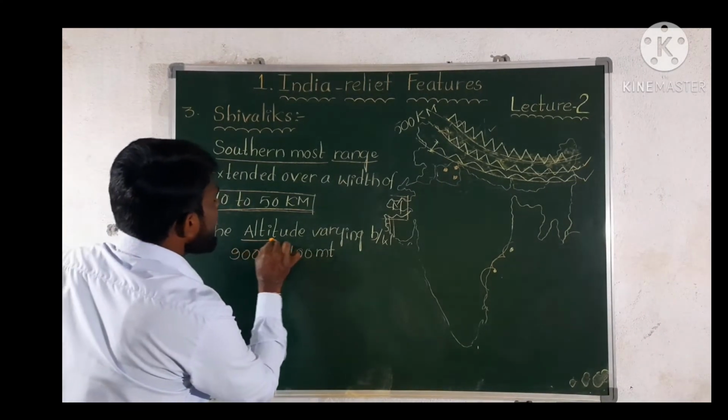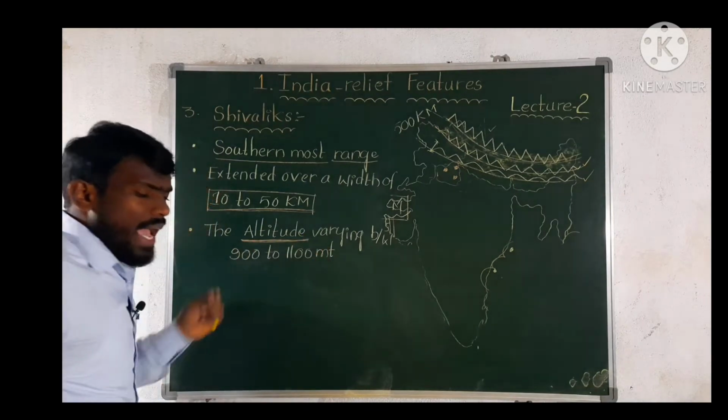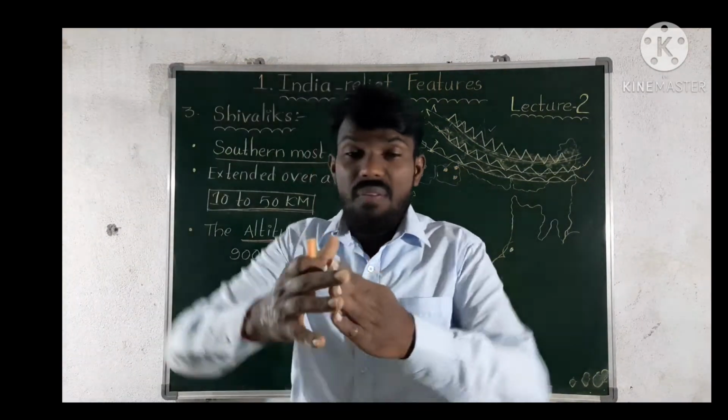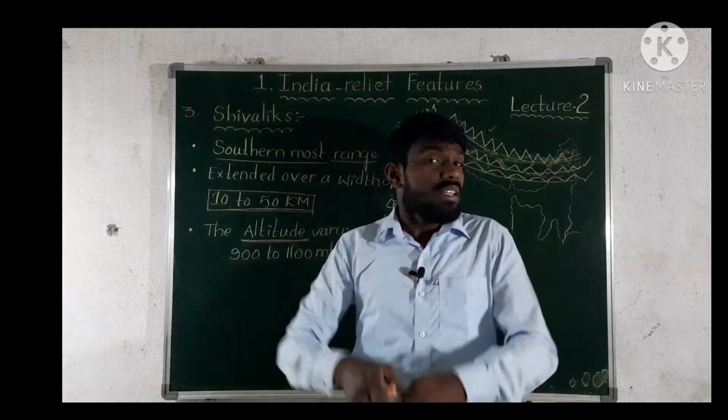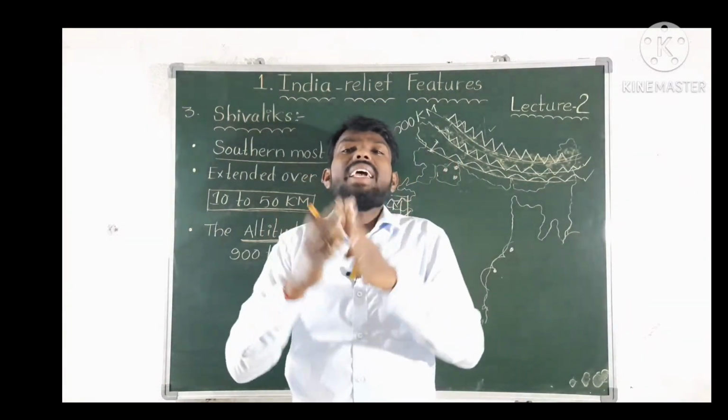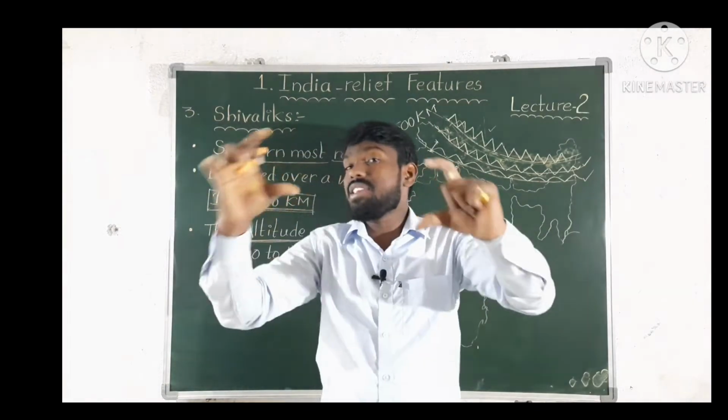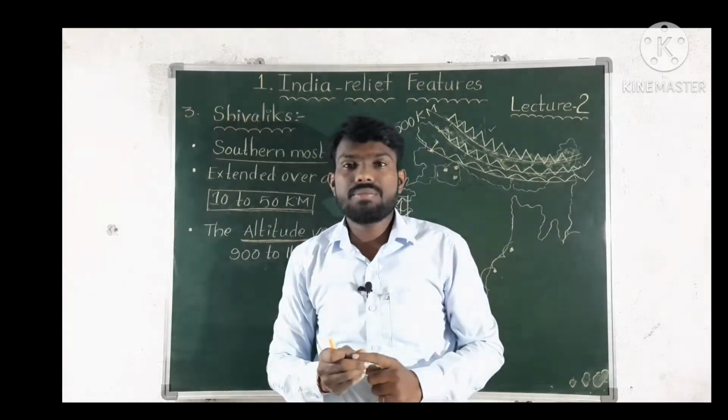Altitude means the height of any place from the sea level. Here the altitude is varying between 900 to 1100 meters.